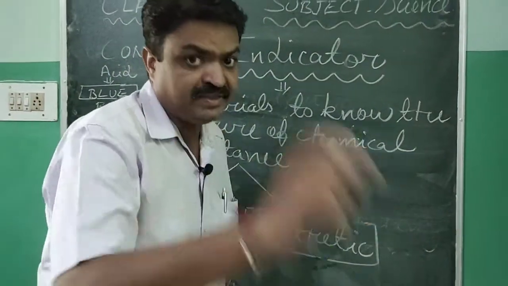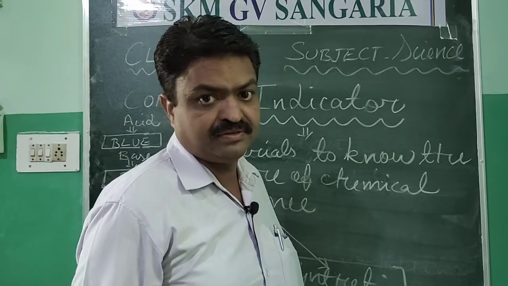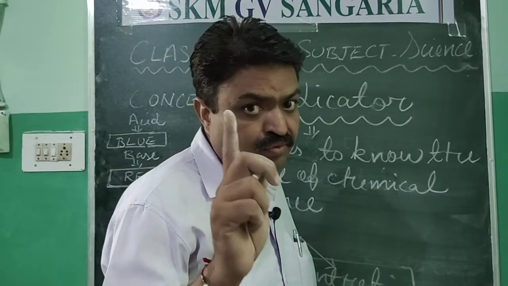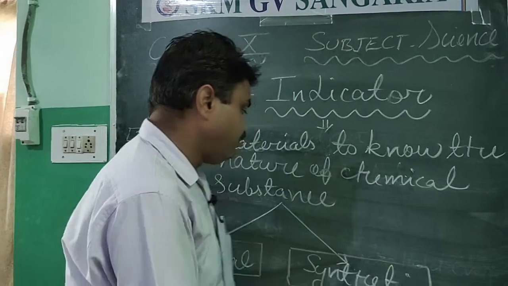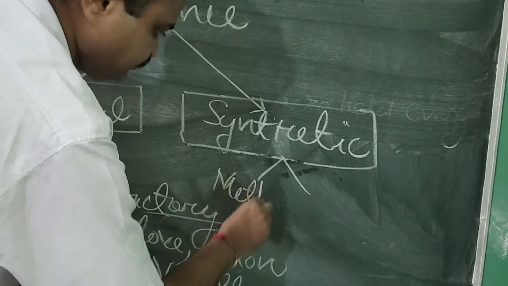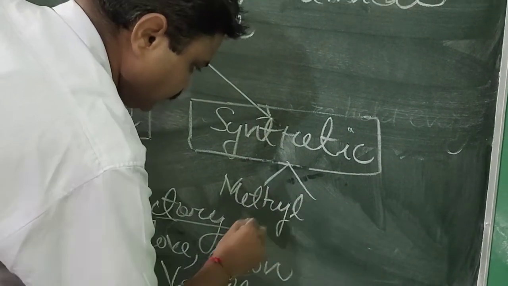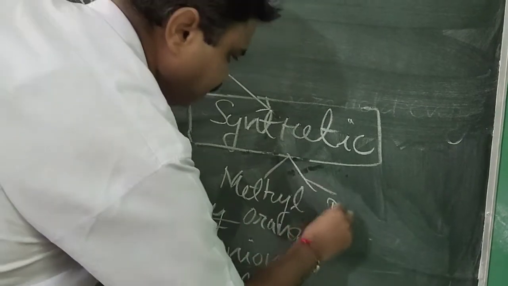Now we come to the synthetic indicators. There are two synthetic indicators in your syllabus. First is methyl orange. Second is phenolphthalein.